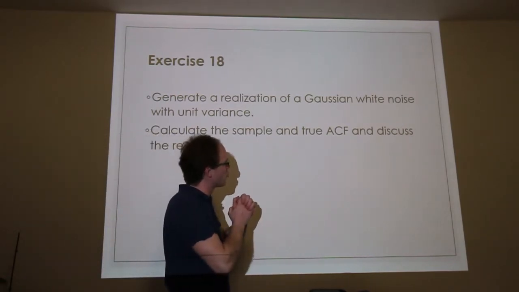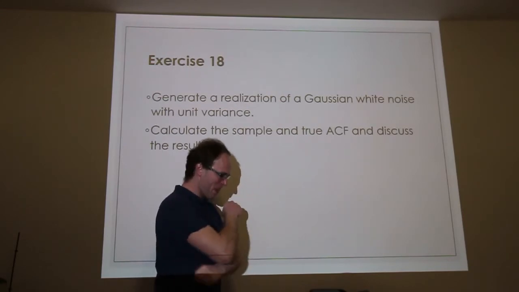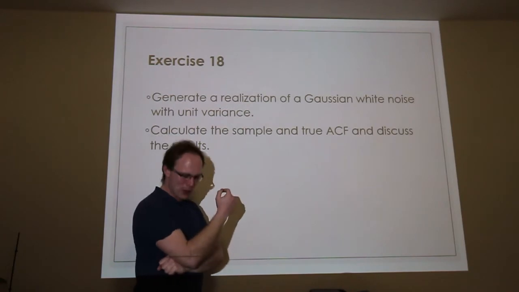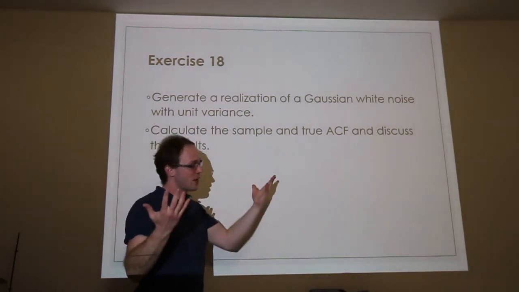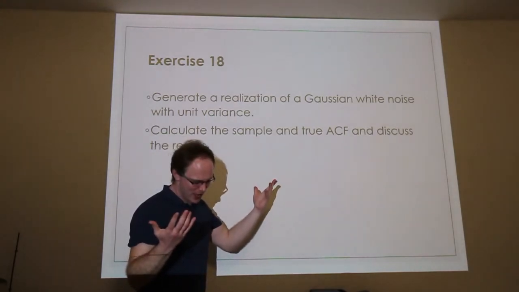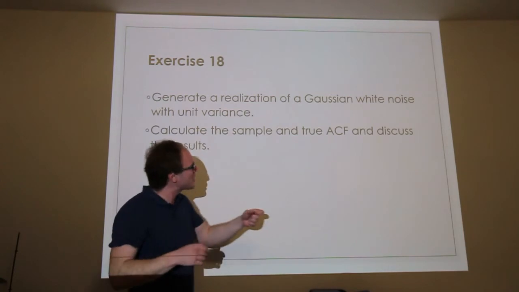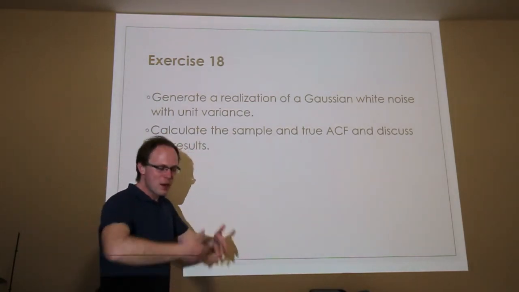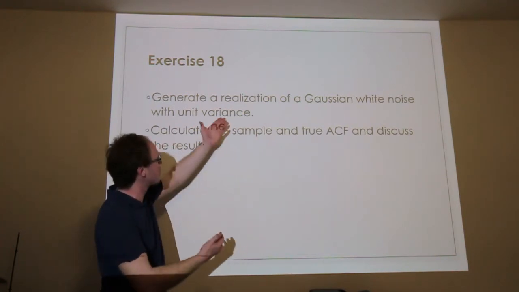Sample and true in our situation will be the same, because we will generate a Gaussian white noise, for example, with 500 observations. It's not possible for us to generate a series of billion values, 10 billion values, or infinity values.